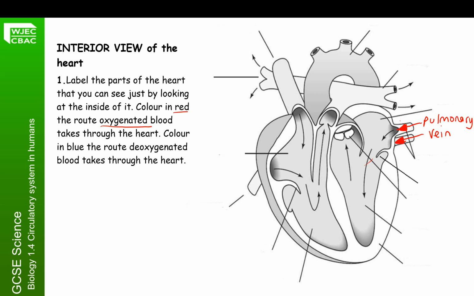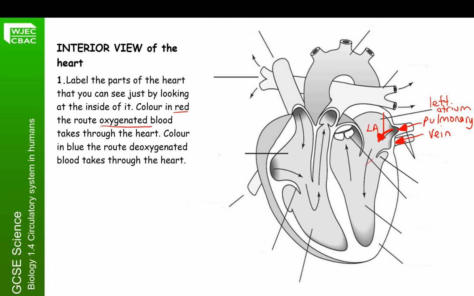This blood has lots of oxygen, as we've said, so it's described as being oxygenated. It comes into this first area, what we call a chamber. And this is what we call the left atrium, LA I've put there. So this label here is left atrium. Atria is plural and atrium is single.